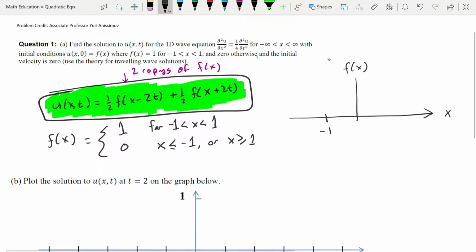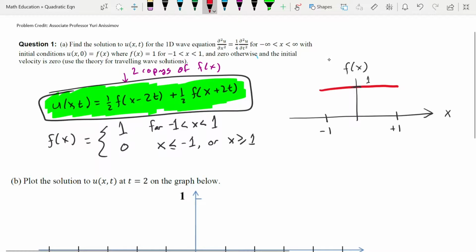between -1 and +1 for x, my value is 1. So I'm going to draw that high like that. And this is f of x equal to 1. Clean that up a little bit. So that's 1. We'll draw it like that instead.